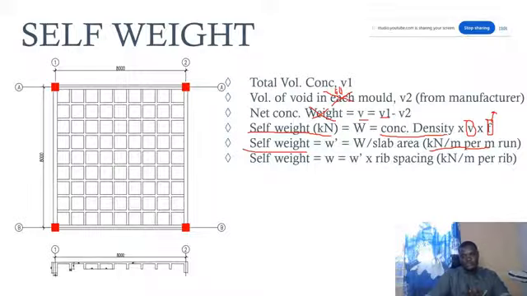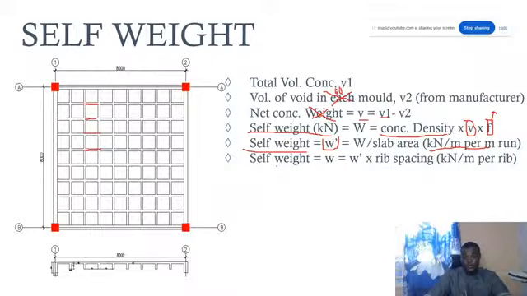That's what we are doing here. So the self weight is equal to this self weight in kilonewton per meter squared multiplied by the rib spacing. That is the center to center spacing between your ribs. If it is 500, 400, or 450, whatever that spacing is, you multiply it by the self weight in kilonewton per meter square.